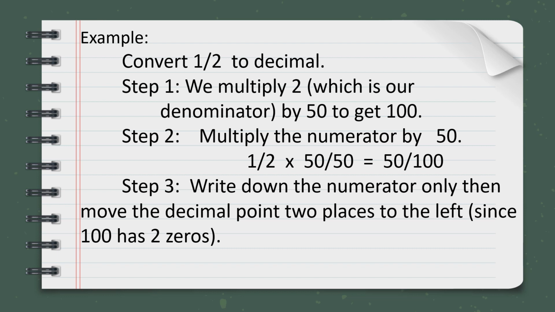Then move the decimal point 2 places to the left, since 100 has 2 zeros. So we have 50 will become 0.50. How did this happen? We moved the decimal point 2 places to the left. So we get the final answer as 0.50.